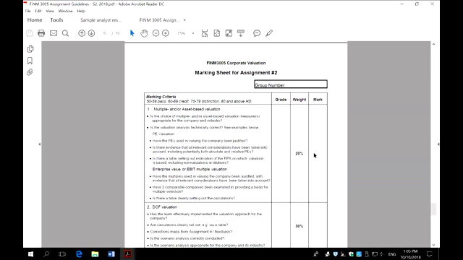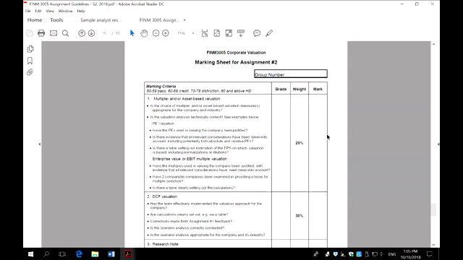In this week's workshop, we're going to have a look at several issues related to report writing. If you have a look at the last page of your assignment guideline, it's the marking criteria for assignment 2. That's 30% of the overall course grade.